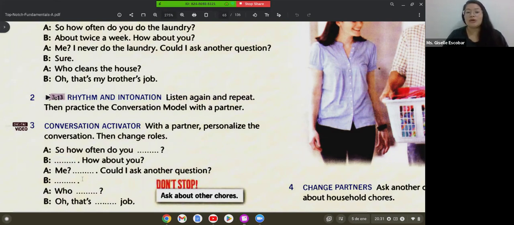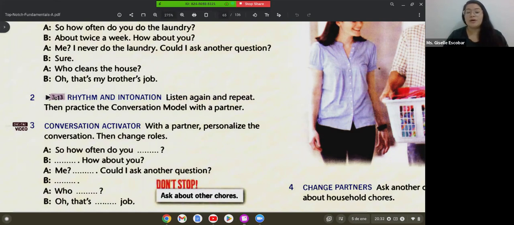Y luego, how about you? How about you? Y la persona responde la misma pregunta. Y luego, could I ask another question? ¿Puedo hacer otra pregunta? Y aquí ustedes pueden decir sure, pueden decir sí, sure, yes, of course. Y luego, la siguiente pregunta. Who cleans the house? Who makes dinner?